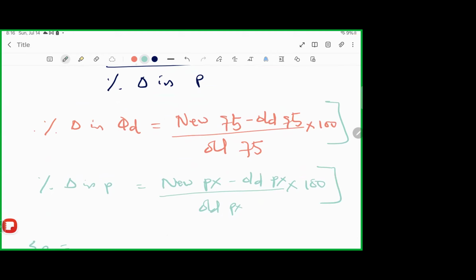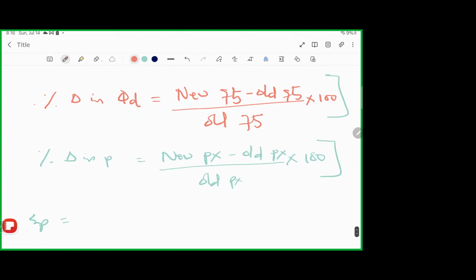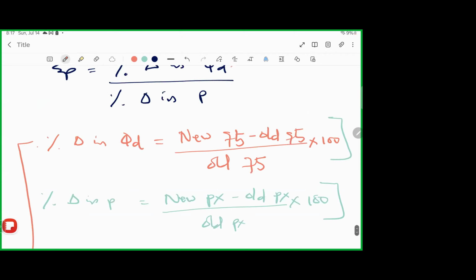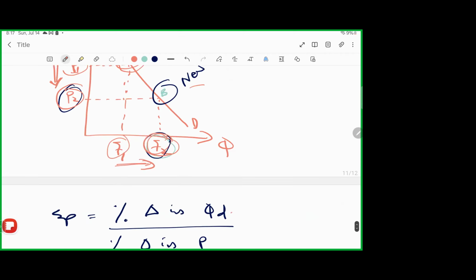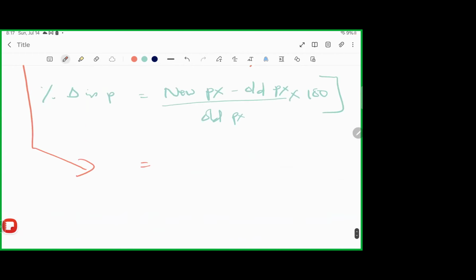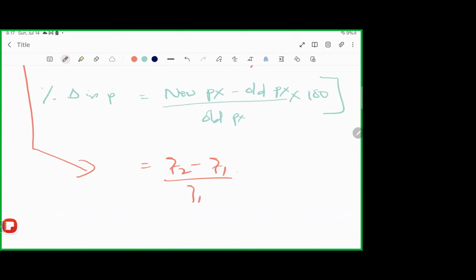From the quantity side, it will be the new quantity, Q2, minus Q1, all over Q1, times 100.